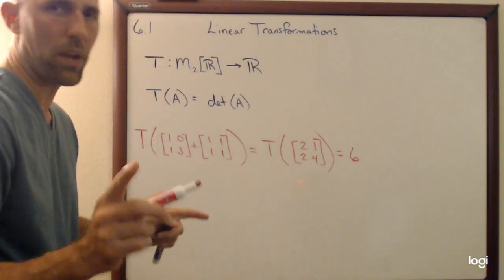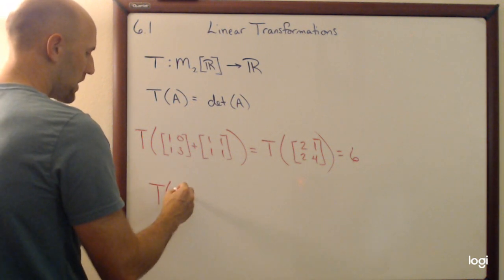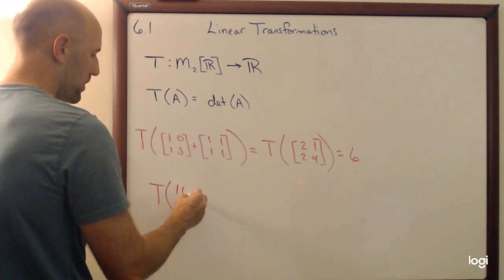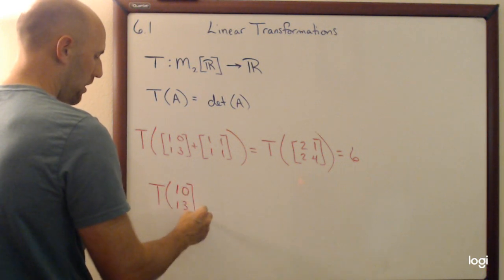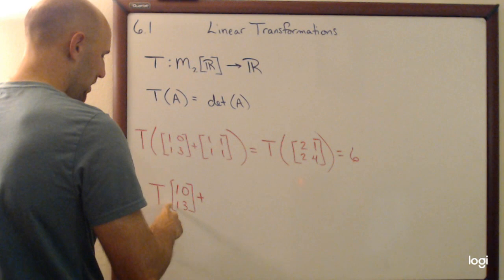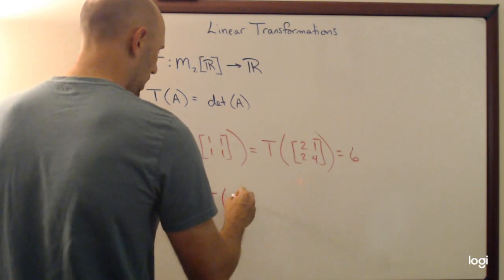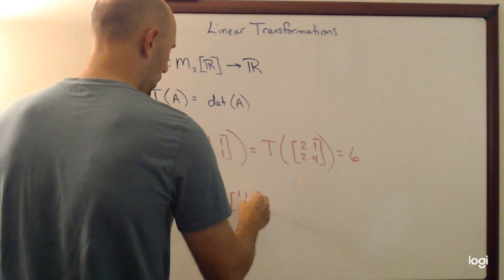Now, I want to compare that to something. I want to compare it to, let's say, the transformation of 1, 0, 1, 3 plus the transformation of 1, 1, 1, 1.